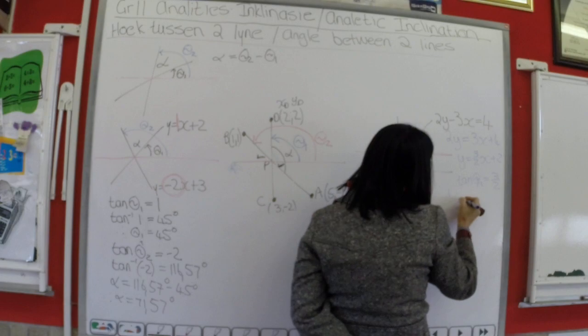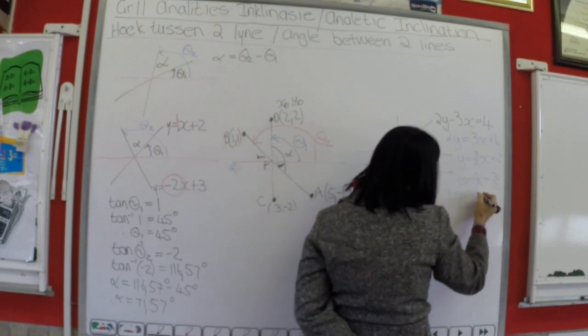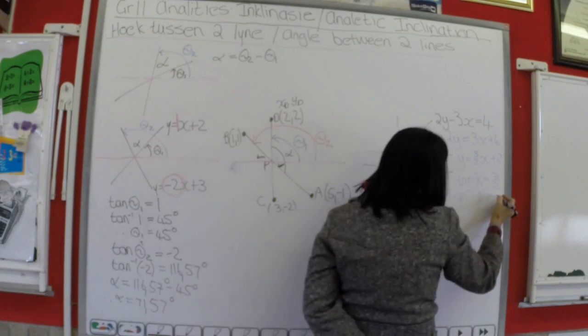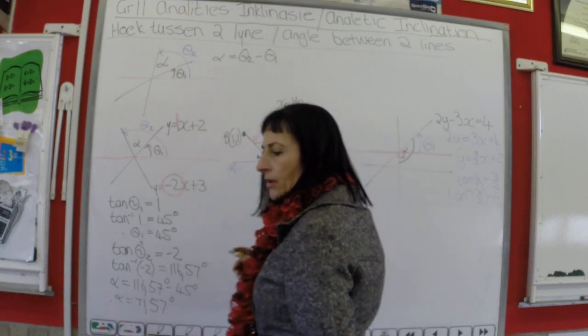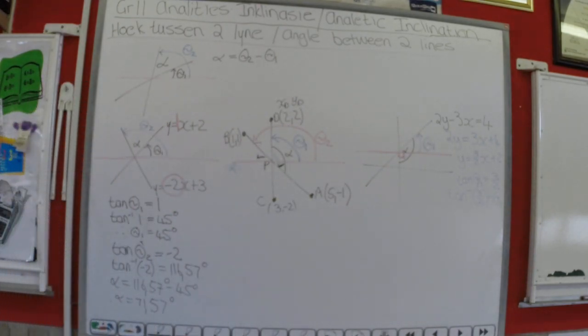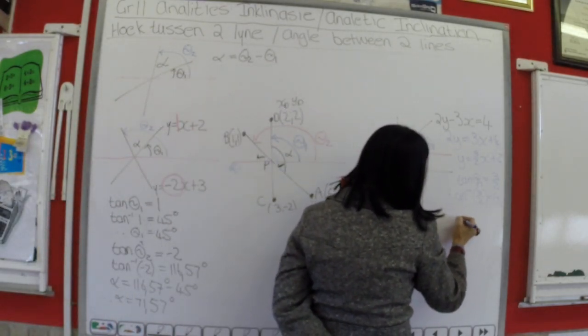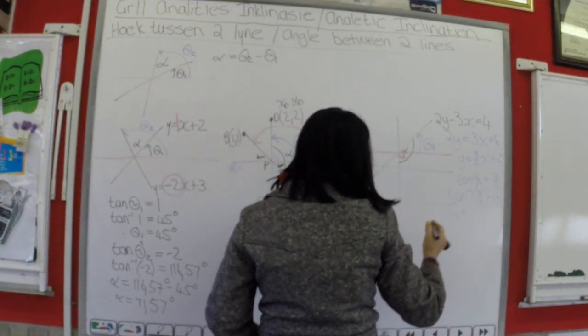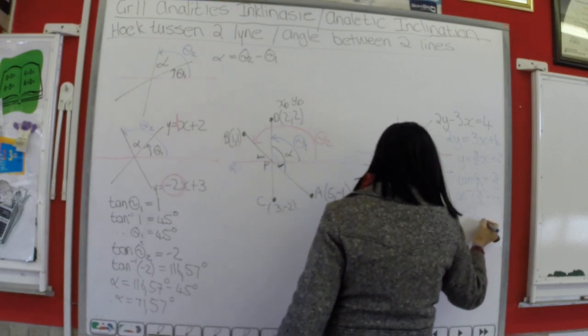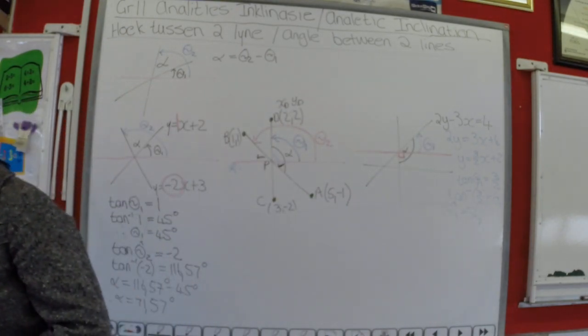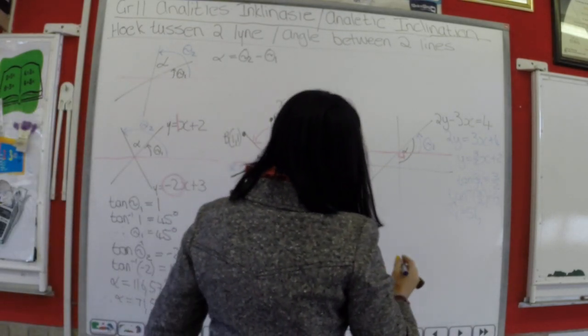So if you reverse mode, 1.5, you'll get theta 1. Good, so theta 1 is then equal to 56,31 degrees.